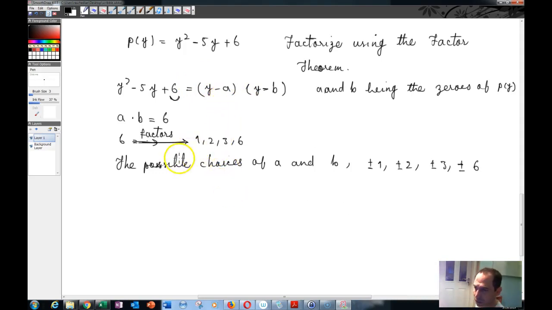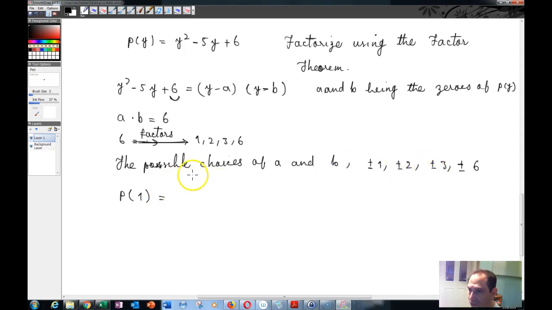So now I calculate P of each of these numbers, and whichever number gives P equal to 0 is a zero of this polynomial. So P of, for example, 1 is equal to, of course, it's going to be plus or minus 1, plus or minus 2, and so on and so forth.